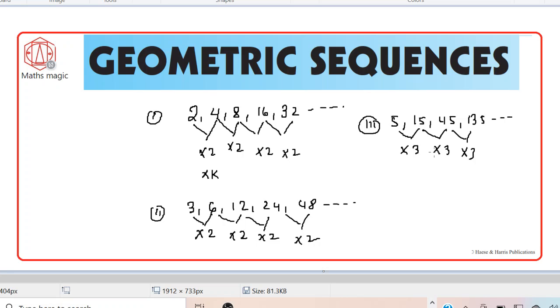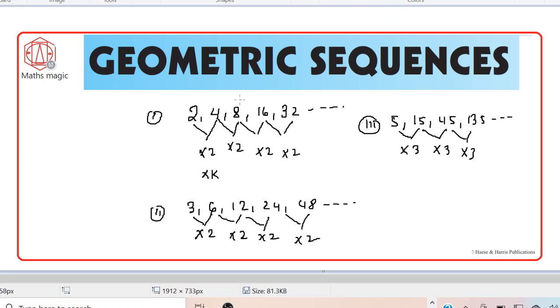It's very simple to identify if any given sequence is geometric or not, but I'll give you the proper technique. What will you do? You have to find the ratio of two consecutive terms.